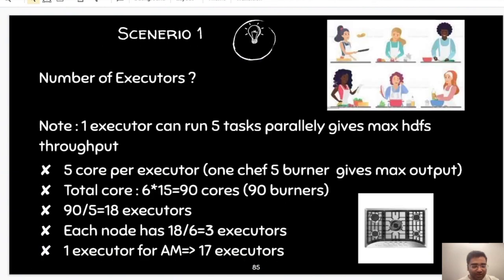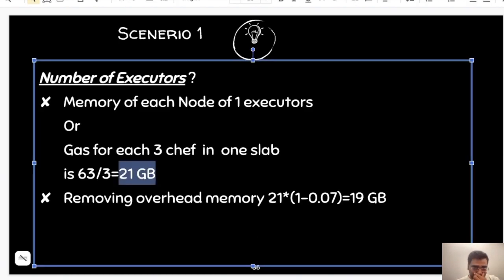Each node has three executors, as we have seen initially, and we have around 63 GB in one stove. So in one stove three executors can work, three chefs on one stove. Each chef can use 63 divided by 3, which is 21 GB. I hope this is clear.